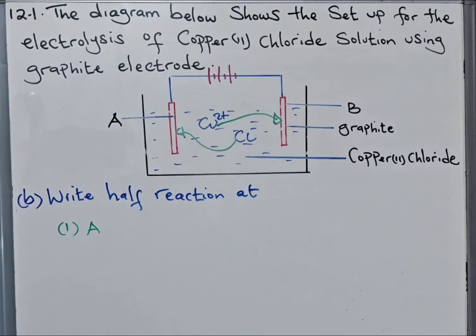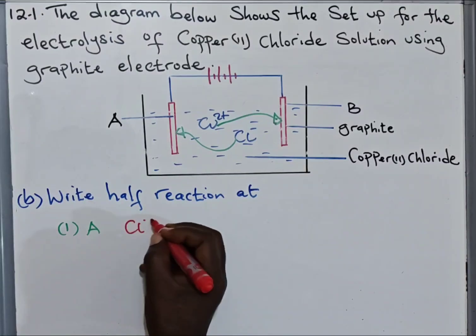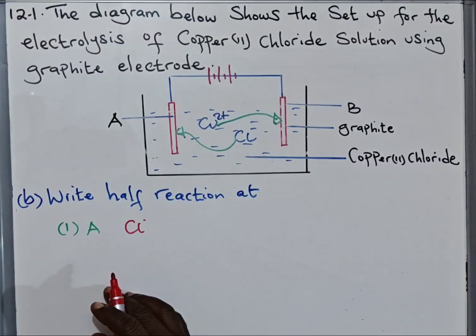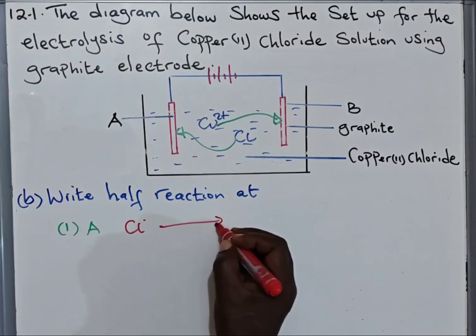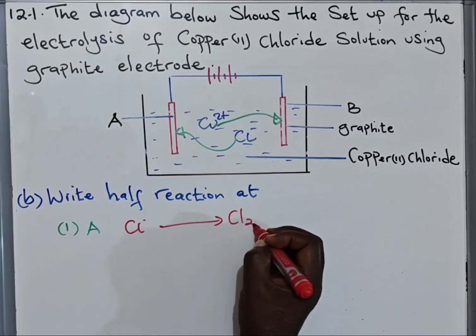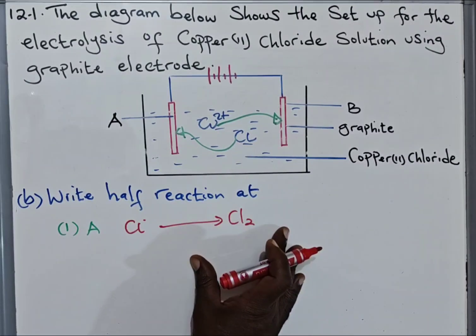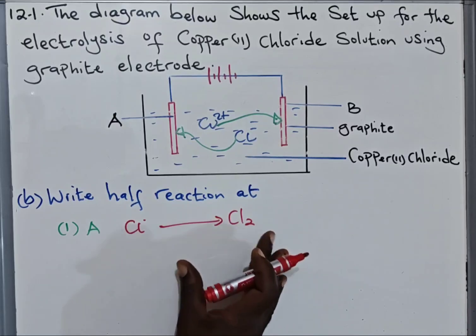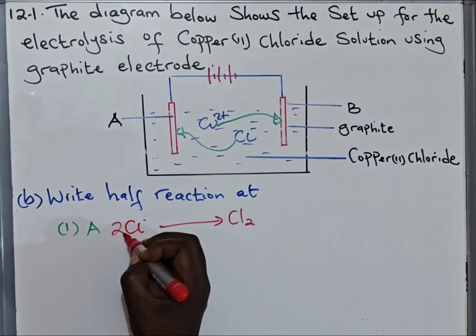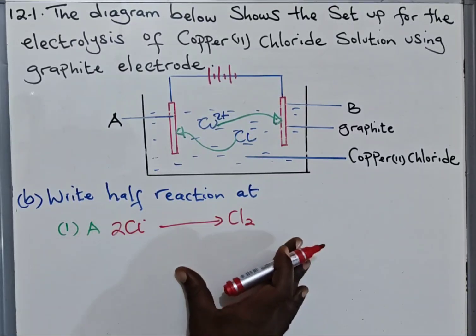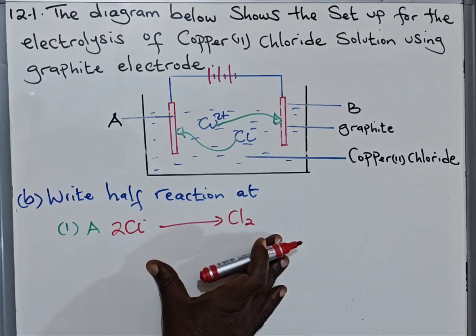Okay. So what happens to chloride ions when they come to A? They undergo oxidation. So they turn into chlorine gas. Before you proceed with this one, you have to ensure that it is balanced. So you put 2 to make sure that it's balanced.